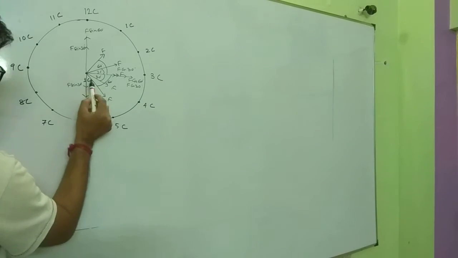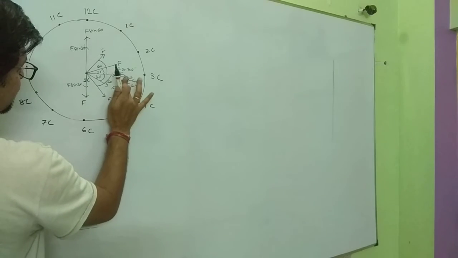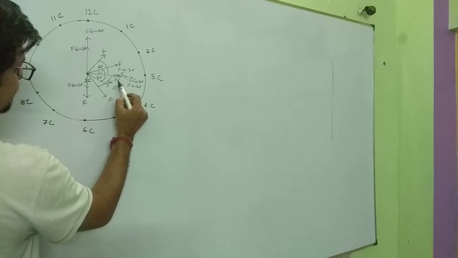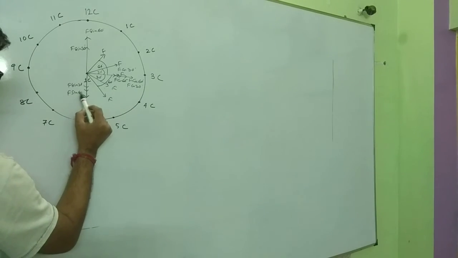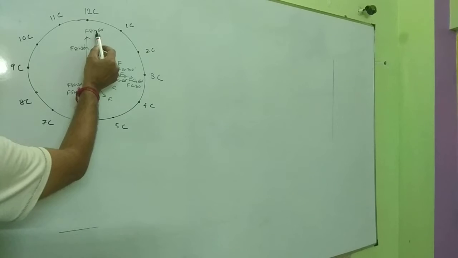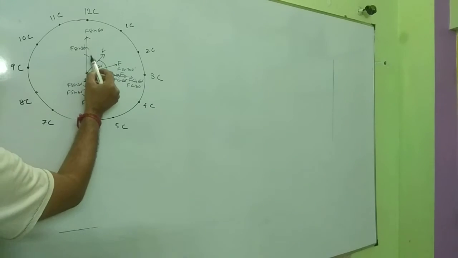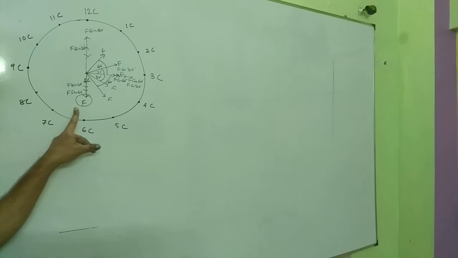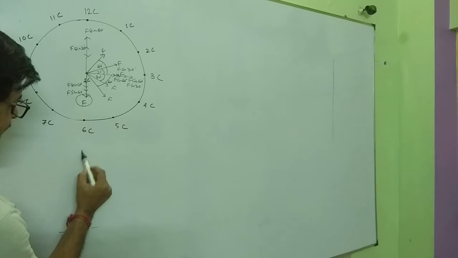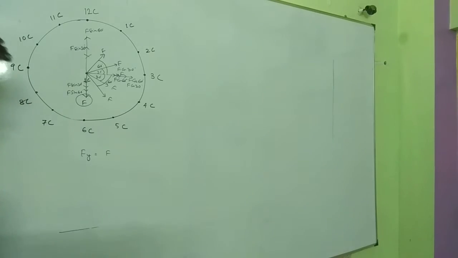Similarly, this F also has F cos 60 in this direction, and in the downward direction F sin 60. So this sin 60 and sin 30 cancel out each other with the opposite ones. So the net force in the downward direction is F. That means along Y the net force is F.